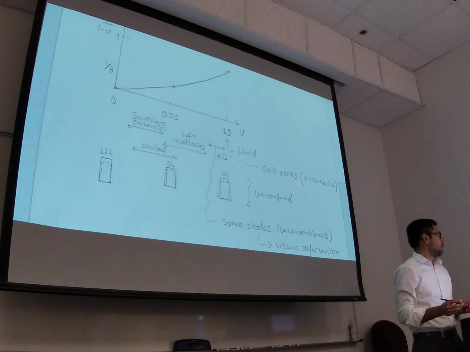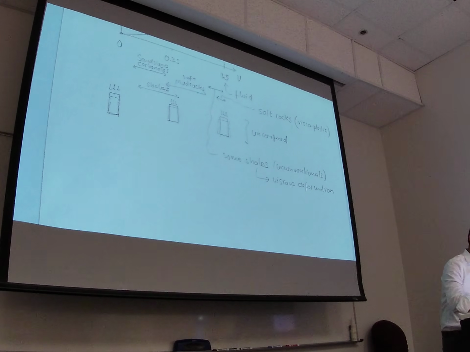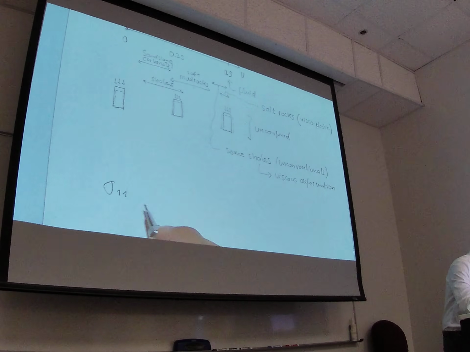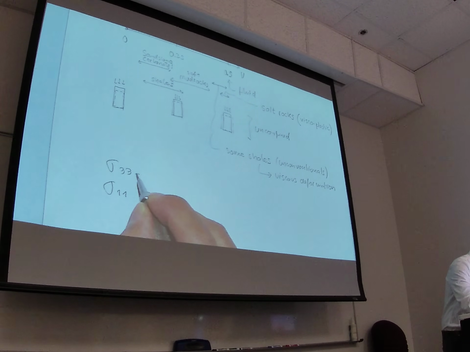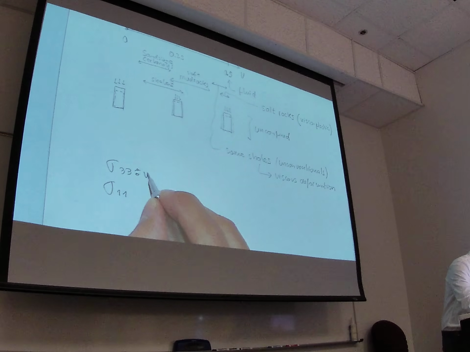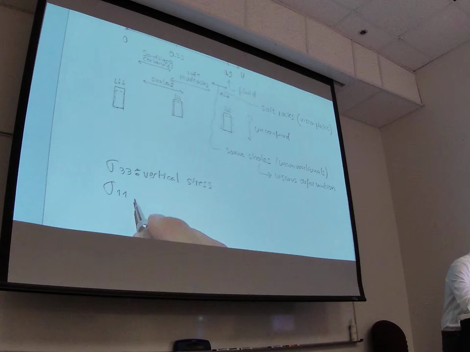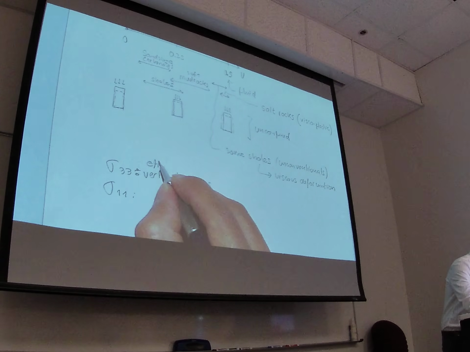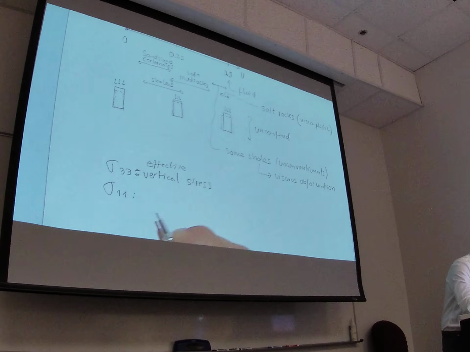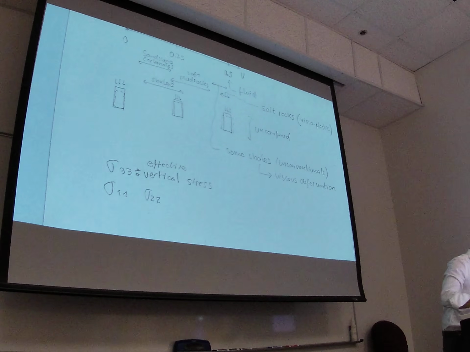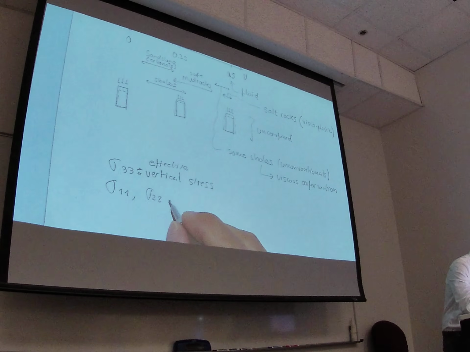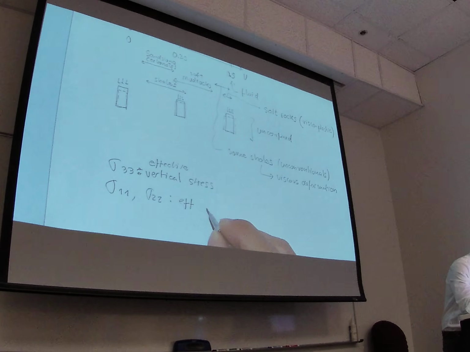Okay, so with sigma 1,1, again, in our case, this was a vertical stress and effective, and sigma 1,1 and sigma 2,2 were effective horizontal stresses.